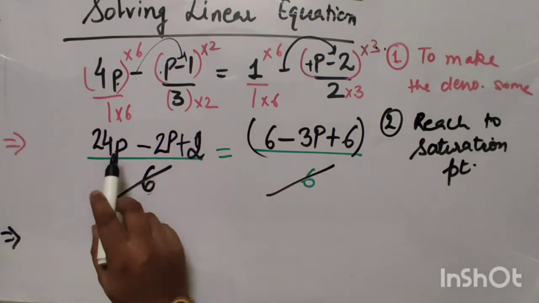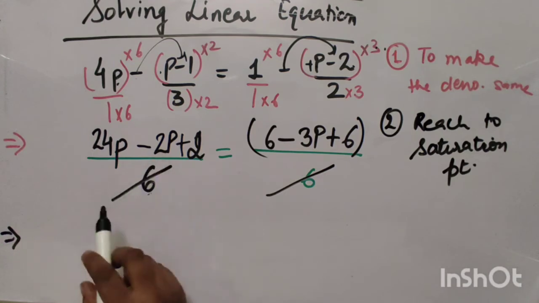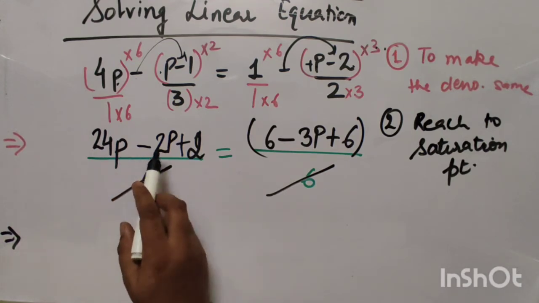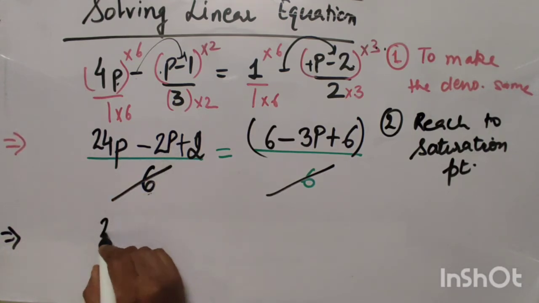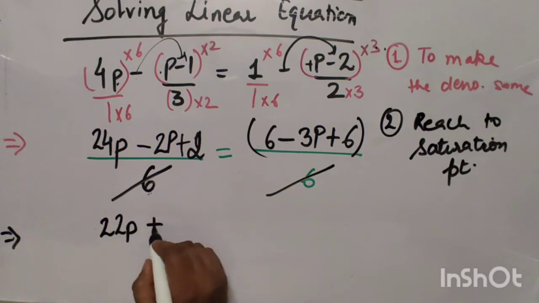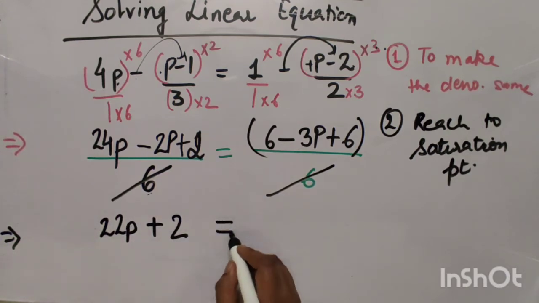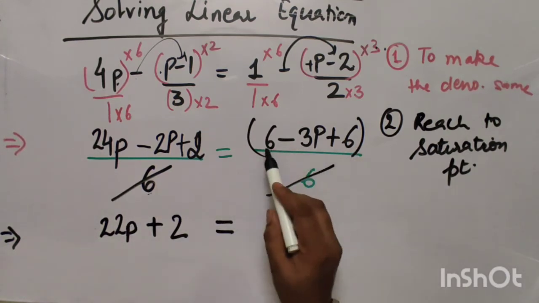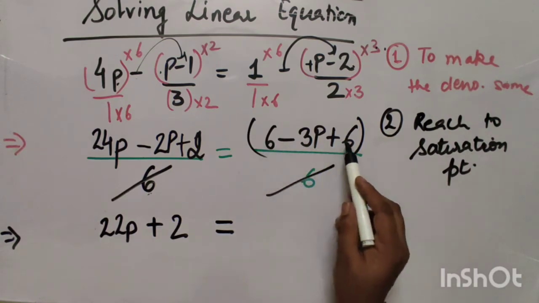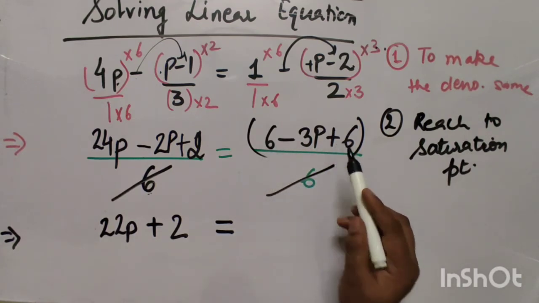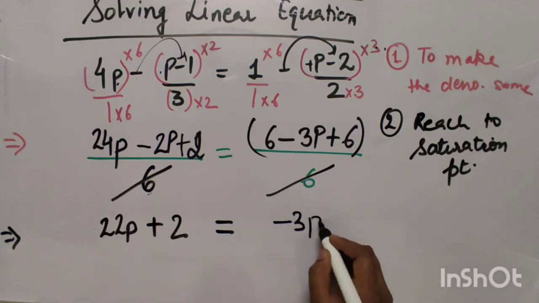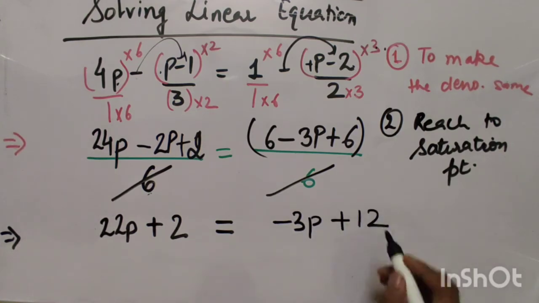Here this is a variable and this is a variable, so they can be solved. So 24p minus 2p is 22p, plus 2, equals, here also 6 is positive and 6 is positive, so we can write minus 3p plus 12.